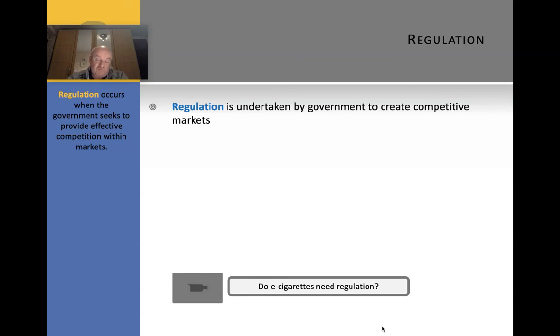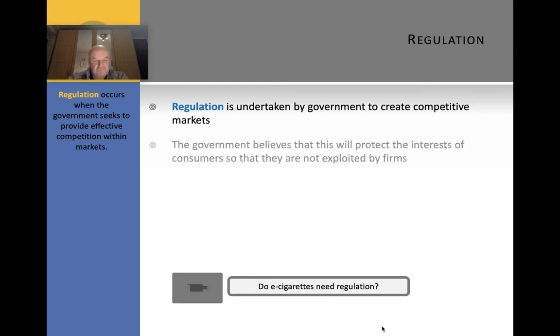Now, we've talked about the advantages of competitive markets, particularly where you've got high levels of market power or monopoly power. And in this instance, bringing in competition is likely to reduce prices to consumers. It's going to mean less exploitation. It's going to mean greater choice, and also likely to mean more innovation and efficiency in markets that in the past may have been just not needing to, because they're the only game in town.